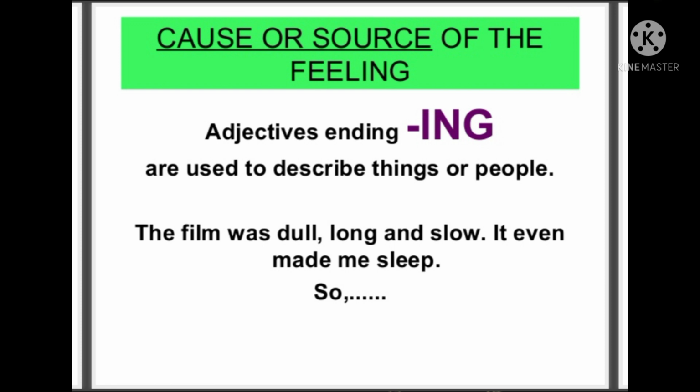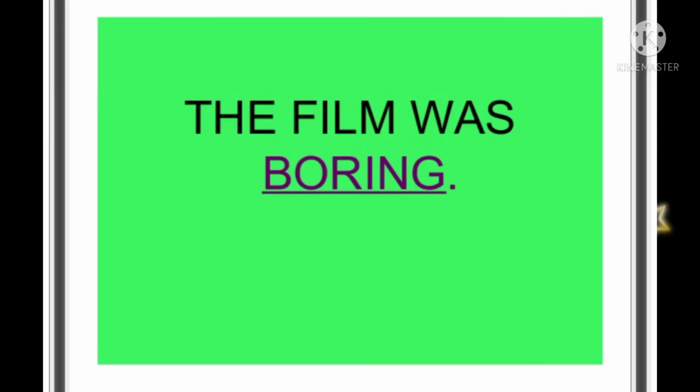Adjectives ending in -ing are used to describe things or people. For example, the film was dull, long and slow. It even made me sleep. So, what single word can we use to express all these feelings? Dull, long and slow. In a word, the film was boring. So, this boring is used as an adjective.